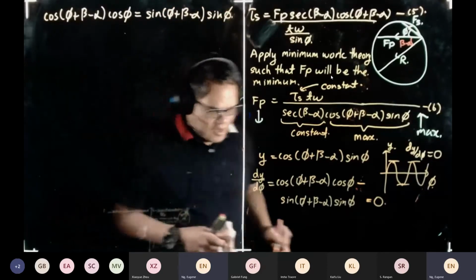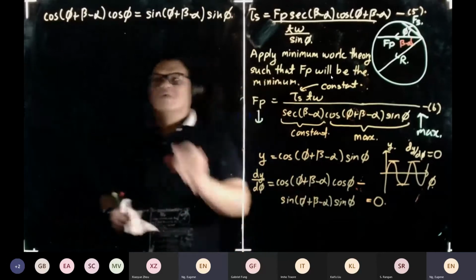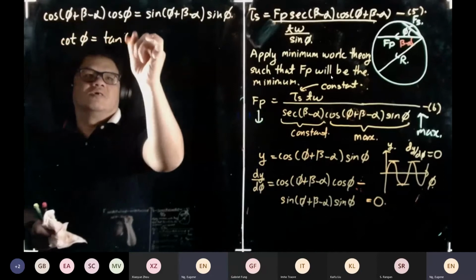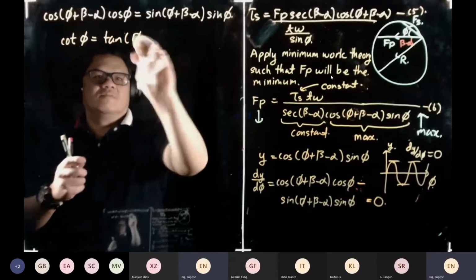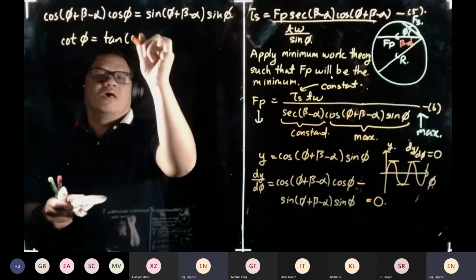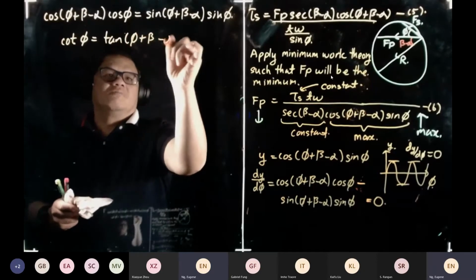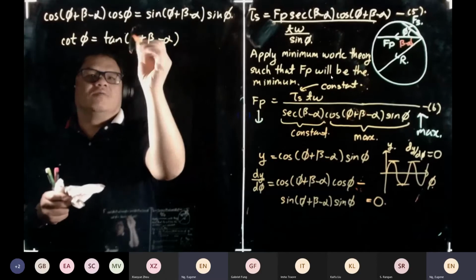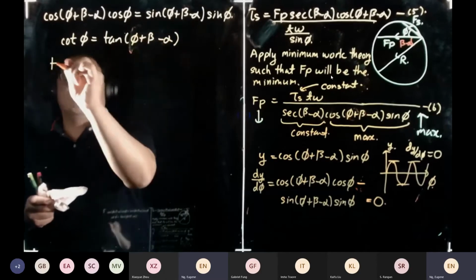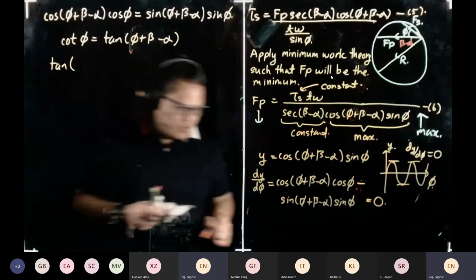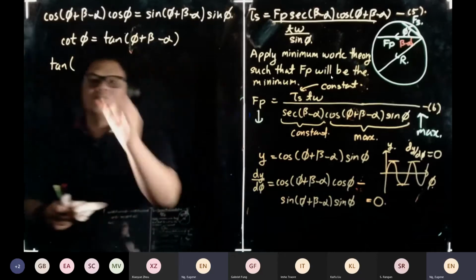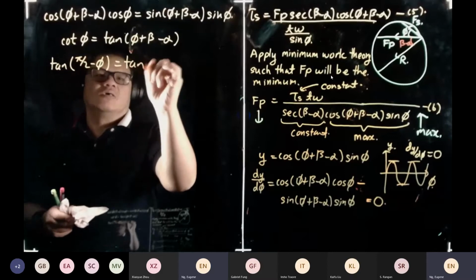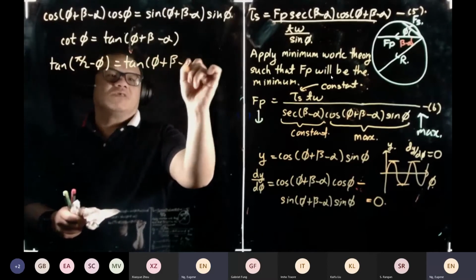Okay. Then we shift things around. So we have cotangent phi is equal to tangent phi plus (beta minus alpha), right? We also know that this tangent is equal to, so there's a phase shift, pi over 2 minus the shear angle. This is equal to tangent phi plus (beta minus alpha).